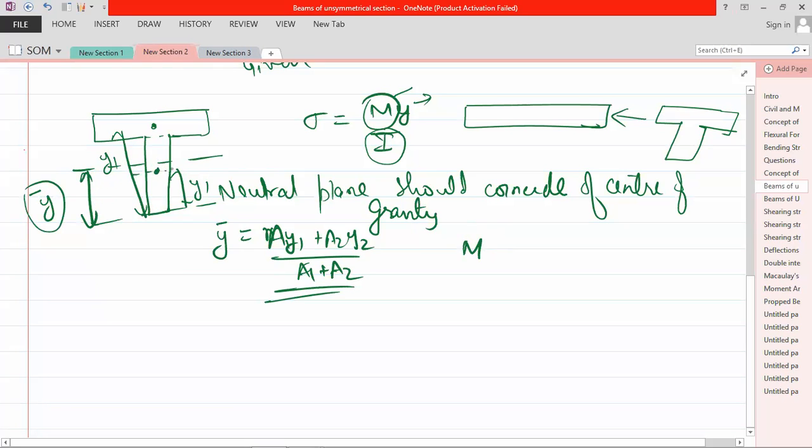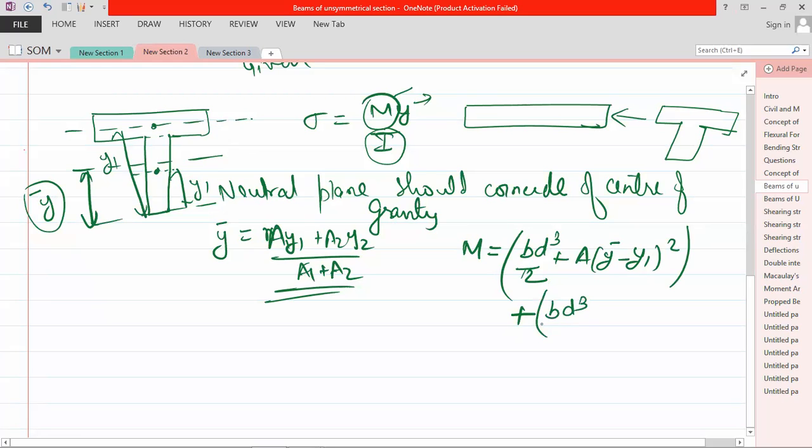For the first part, it will be b d cube by 12. Now shift the axis up, and that will be area times (y bar minus y1) whole square, plus the top portion. The top portion has a moment of inertia about its own axis, also b d cube by 12.